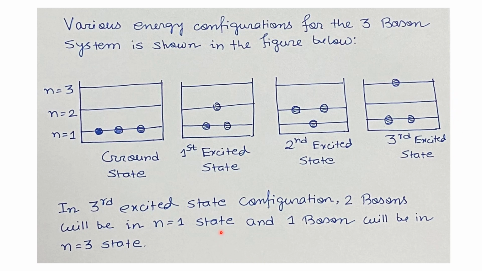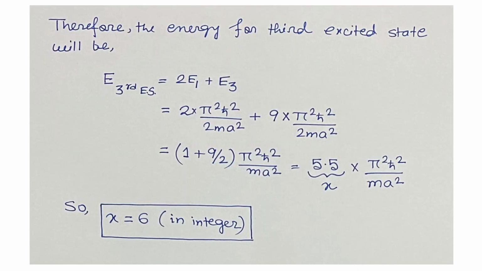Hence, in the third excited state, two bosons will be in the n equals 1 state and the other boson will be in the n equals 3 state. Up to this point, we have found the actual arrangement of three bosonic particles in the energy levels of the one-dimensional potential well to achieve the third excited state of this system.